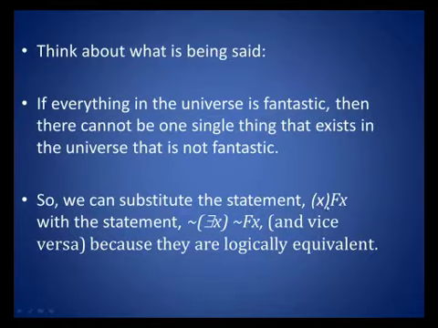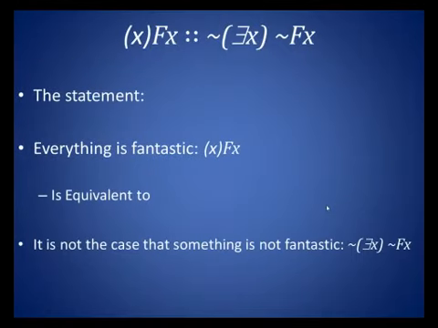So let's back it up for a second. The universal statement's telling me for all x, x is fantastic, or in other words, everything is fantastic. The existential statement is telling me it's not the case that there exists an x that is not fantastic. In other words, it's not the case that something is not fantastic, which of course follows.